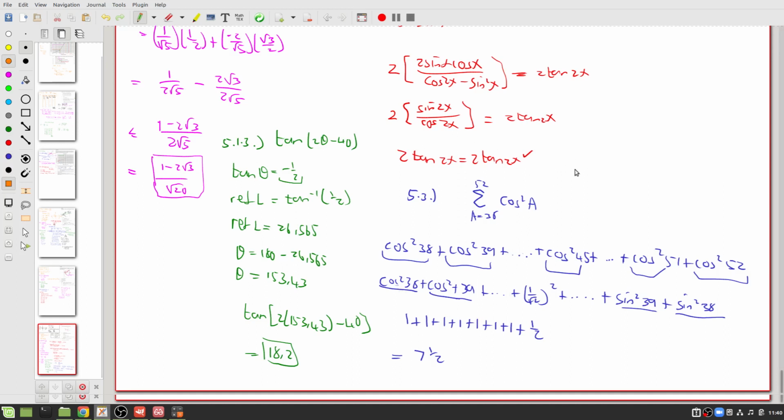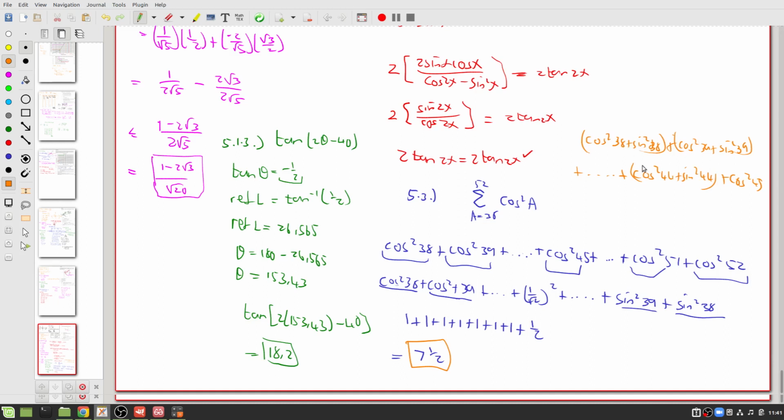We could have written, let's just circle this as our final answer, cos squared 38 plus sine squared 38, and then plus cos squared 39 plus sine squared 39, and then plus, until we get to cos squared 44 plus sine squared 44, and then just plus cos squared 45 as our last one.